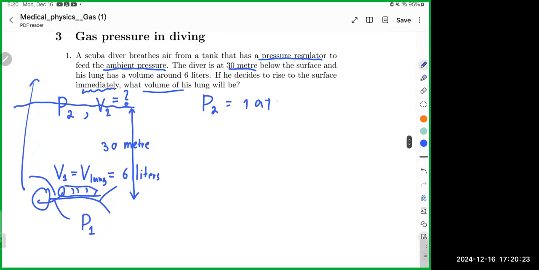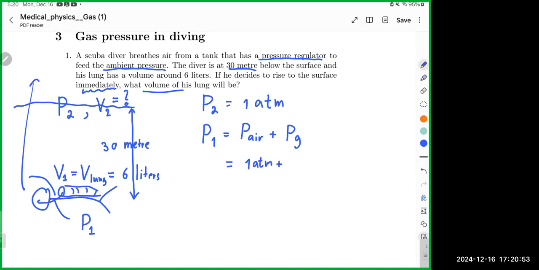It's 1 atm. While P1 could be P of the air plus P of the gauge. So P of the air on top of the surface is P2 or P atm, which is 1 atm, right?